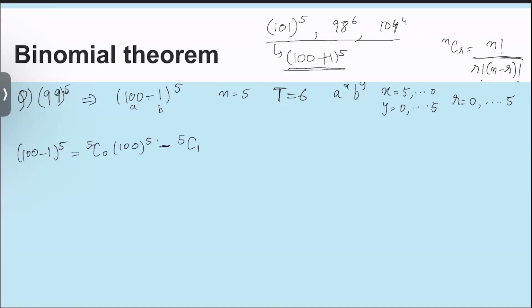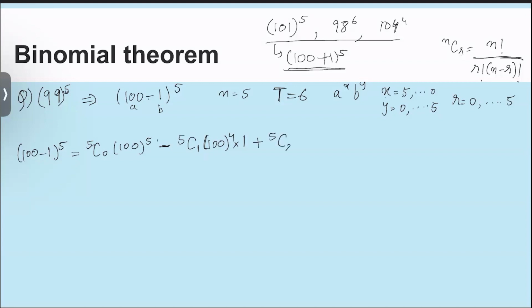So the first term we have put 5C0, the second one will be 5C1. Then, as you know, a raised to x started with 5 and will go on decreasing by 1. So your 100 is then raised to 4, and 1 you can just write as 1, since 1 raised to 1 is 1.